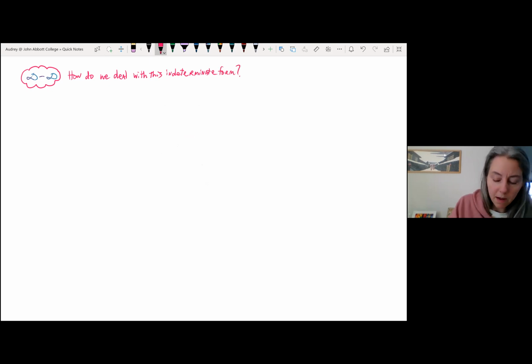And the first main thing that we might see is we could potentially factor something out. So you don't have to have a greatest common factor, although that's going to be the best thing to factor out if you do have one. So factor something out, ideally a GCF.